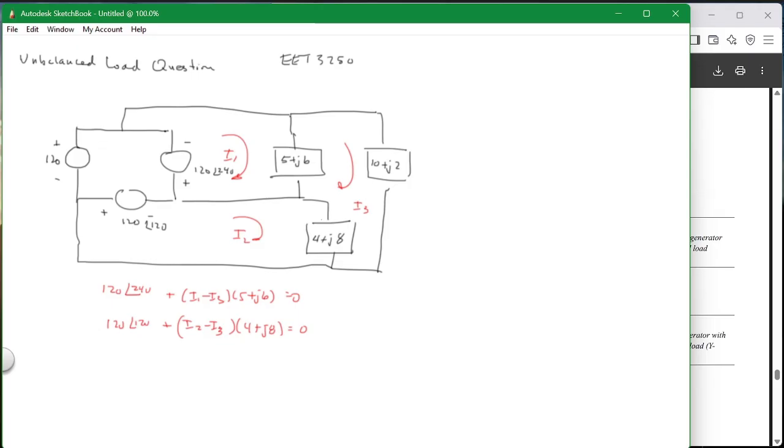And up here, I've got a lot of stuff going on. So I start up here, come in from this side and go around like this.